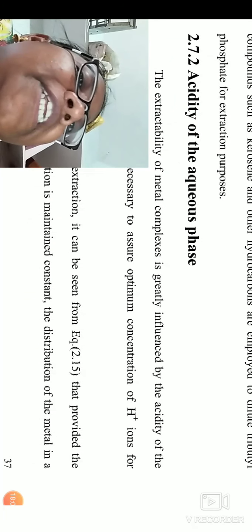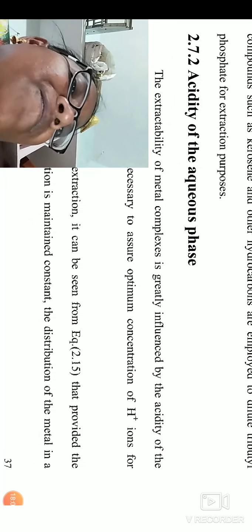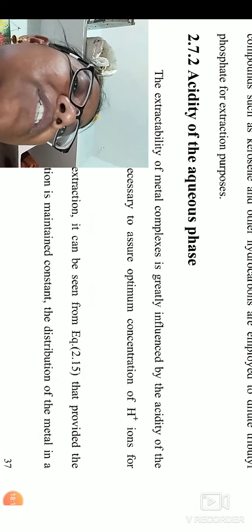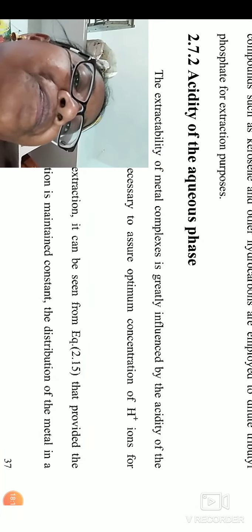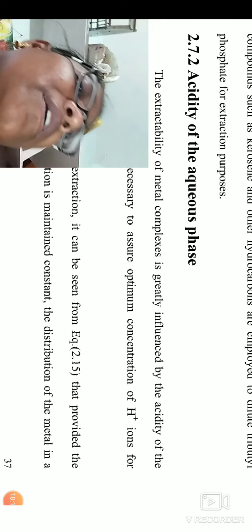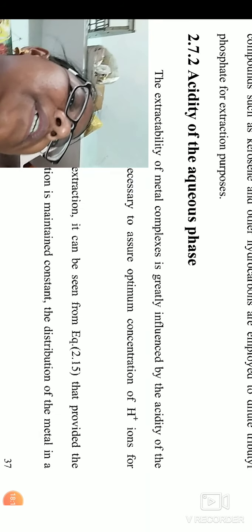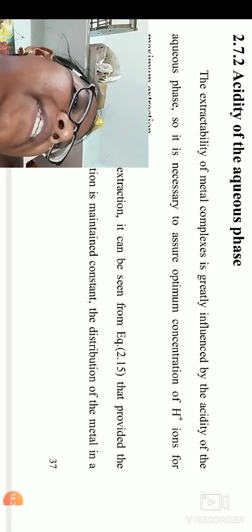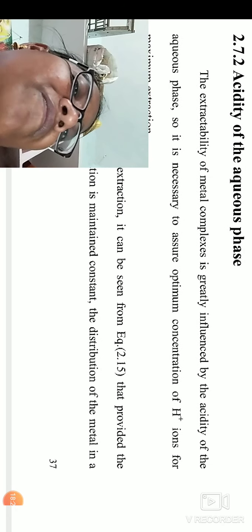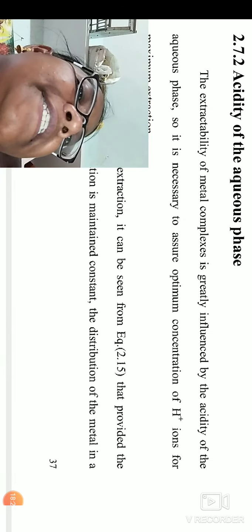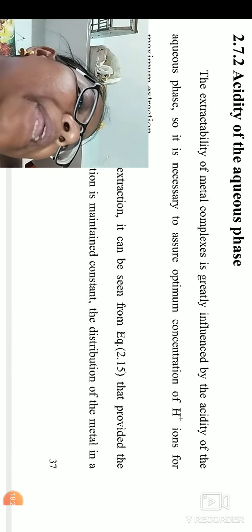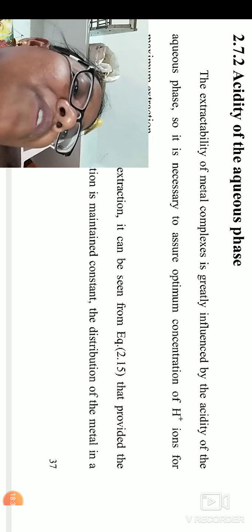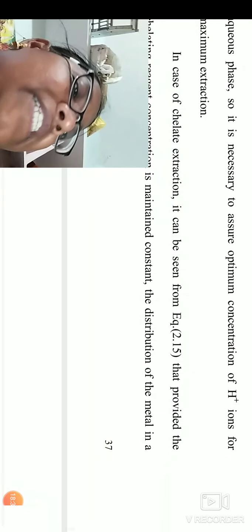Next, acidity of the aqueous phase. The second one is acidity of the aqueous phase. The extractability of metal complexes is greatly influenced by the acidity of the aqueous phase. So, it is necessary to assure optimum concentration of H plus ions for maximum extraction.